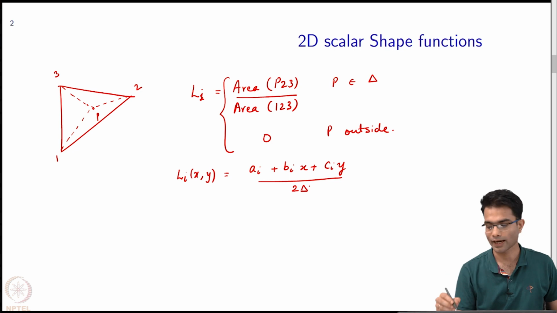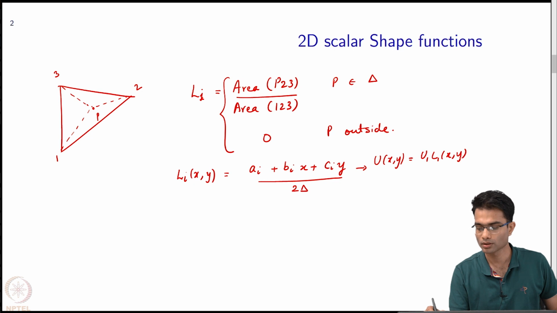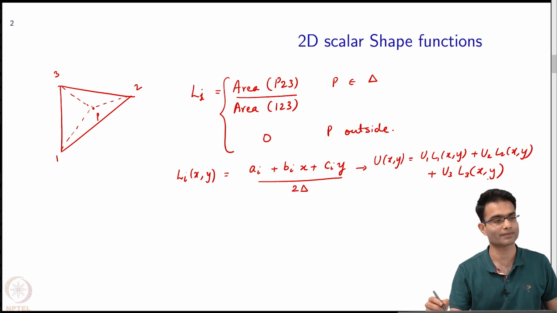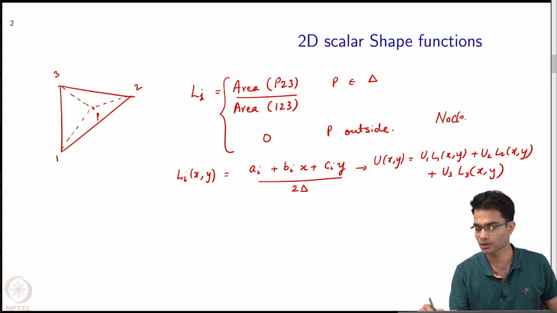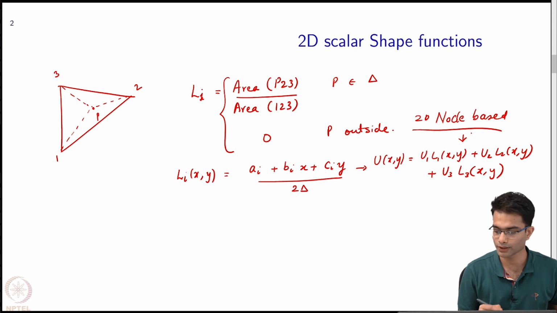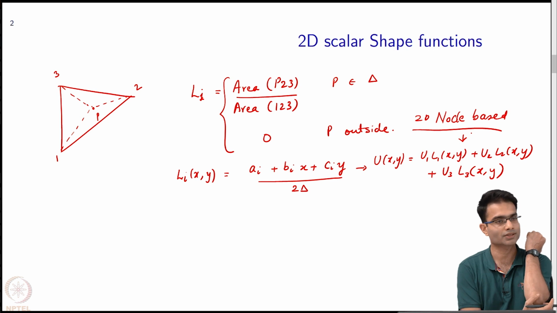This was node based, and finally, with this we said that the field anywhere inside, u of x comma y, was written as u1 L1 of xy plus u2 L2 of xy plus u3 L3 of xy. So, the 2D node based thing is very simple. Let us write this over here, this is node based 2D. Any value inside, I can write as a linear combination of u1, u2, u3, and these are linear functions.